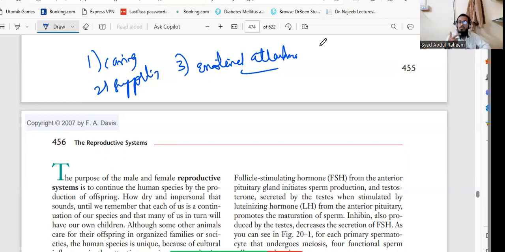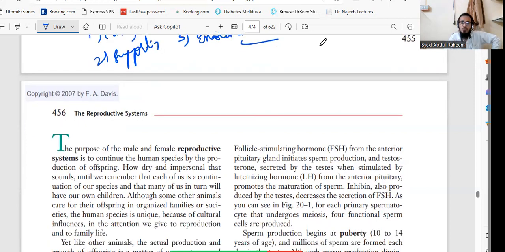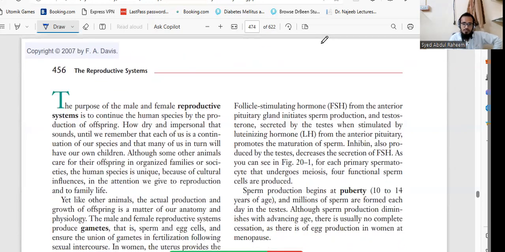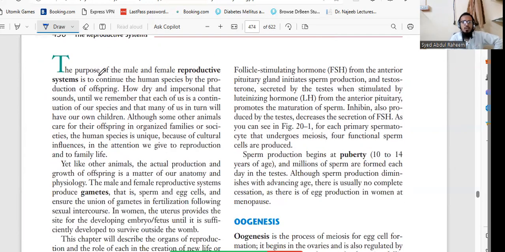You are born, after that your son will be born, then you will go to your destination, whatever it is. Then he will continue your legacy. Likewise, the reproductive system will help us to maintain this circulation.